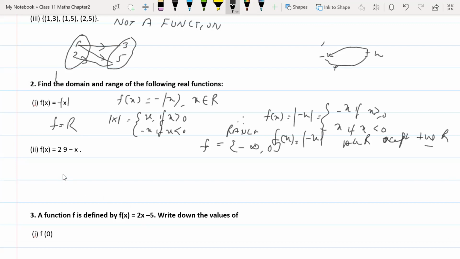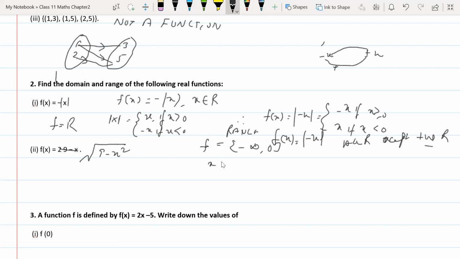And second is f(x). The question is like this. There is a typo error. Square root of 9 minus x square is defined for all real numbers that are greater than or equal to minus 3.